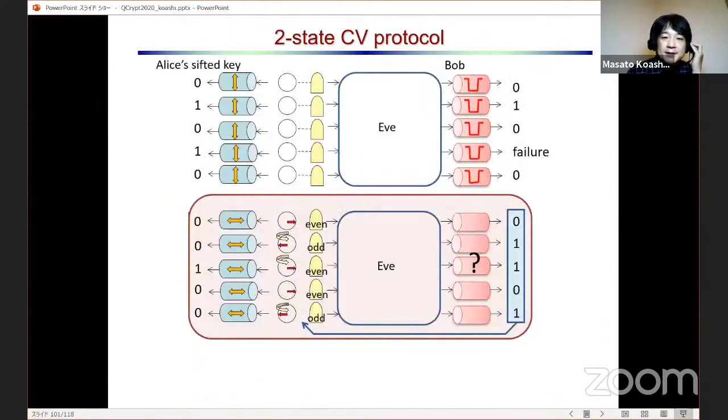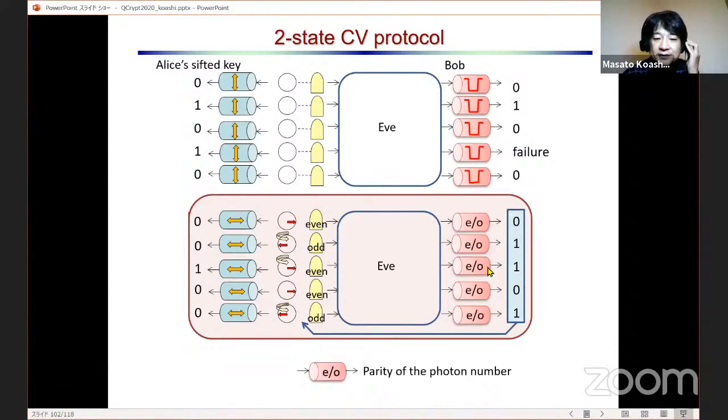Having said that, look at this template again. Here, the CV measurement is applied. So what should we do here? The signal is the same as B92, so what Bob should do is distinguish even number states and odd number states. In this case, you can directly use a parity measurement of the photon number.